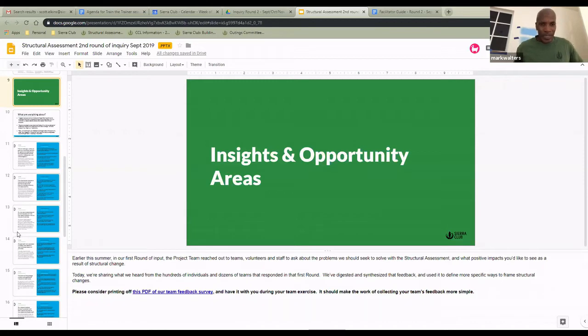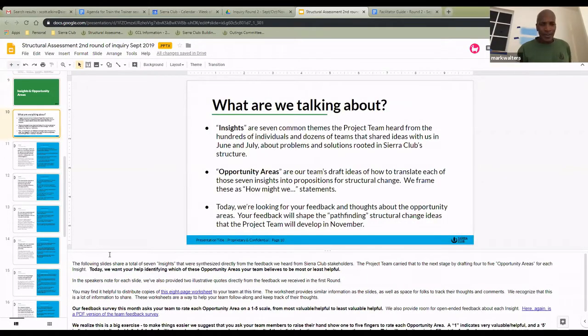So let's start off with the work that we're doing and what we are talking about. Based on the feedback that we got from the first round of inquiry, the project team developed these 7 insights, themes around which we felt a lot of folks had concerns and shared feedback and shared their thoughts about what we should be focusing our energies and our time on.